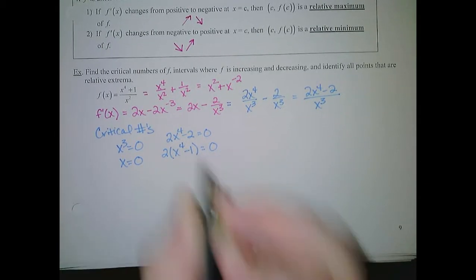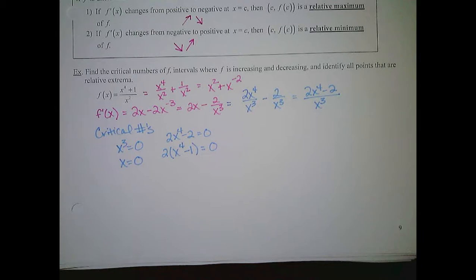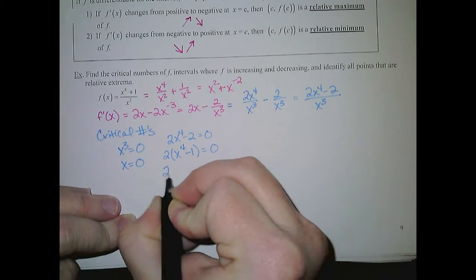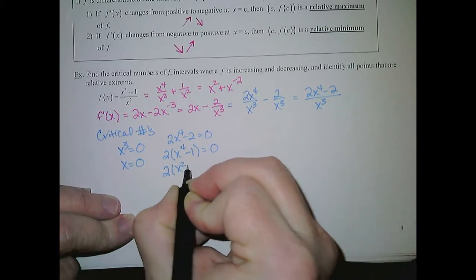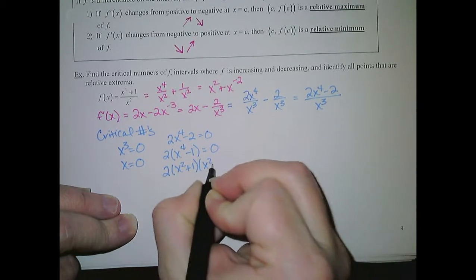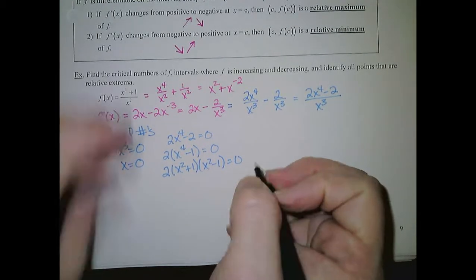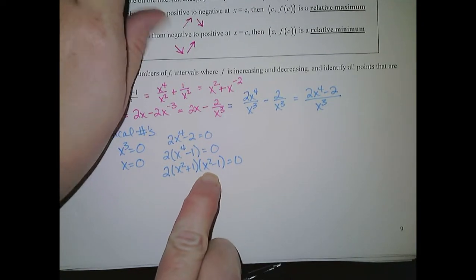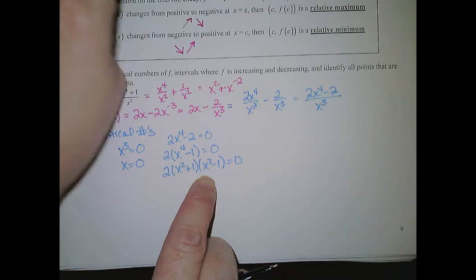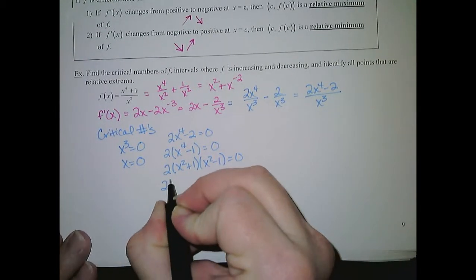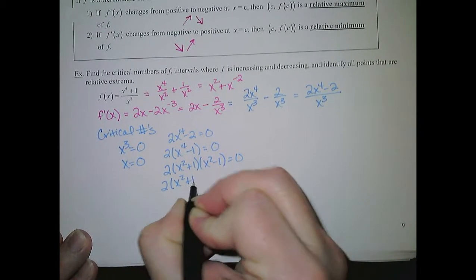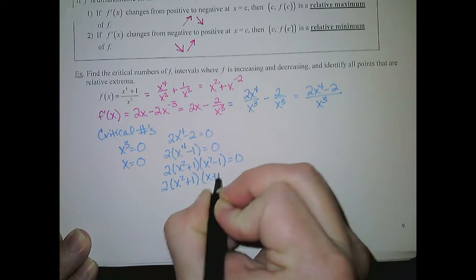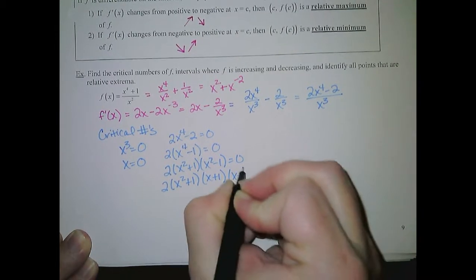We can factor this further because that's a difference of 2 squares. So that would happen where we have x squared plus 1 times x squared minus 1 equals 0. And we could even factor this piece a little bit further because this gives us a difference of 2 squares again. So fully factored, we have 2 times x squared plus 1 times x plus 1 times x minus 1.